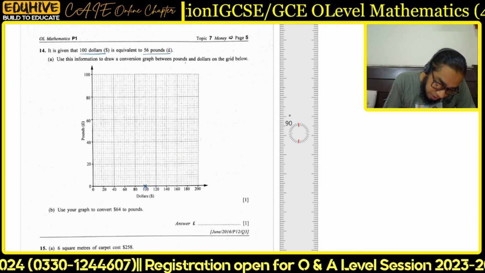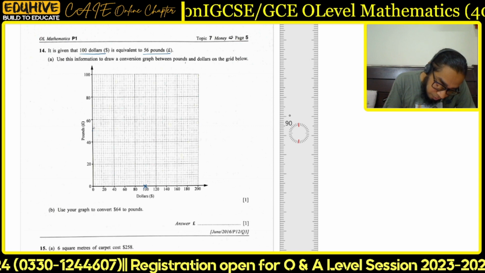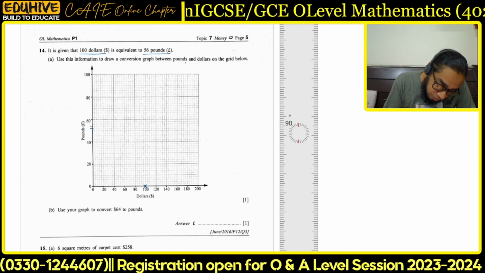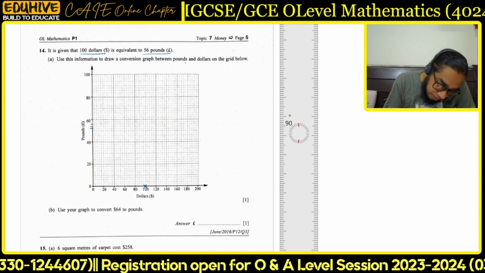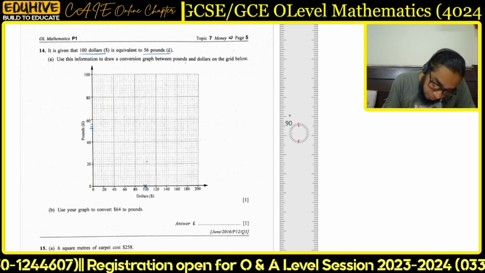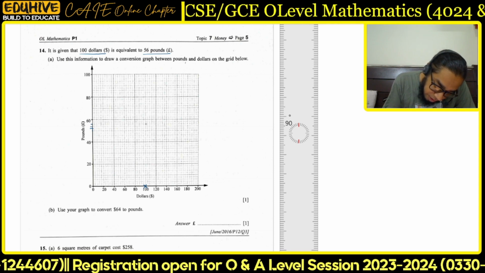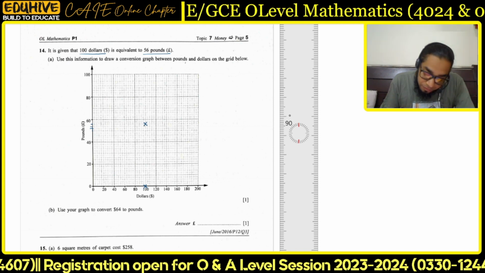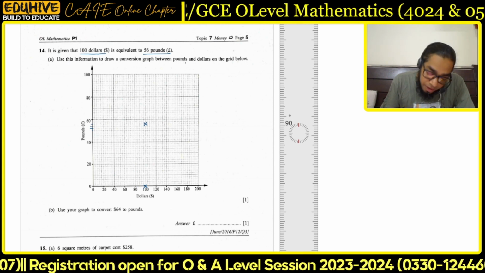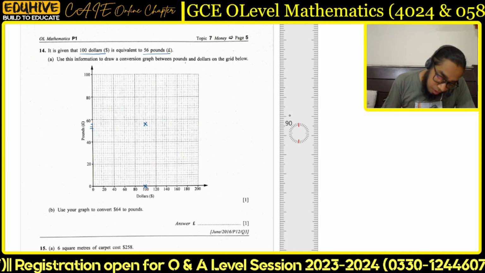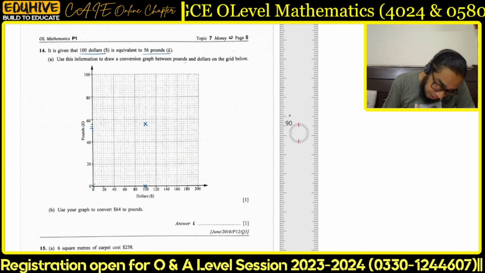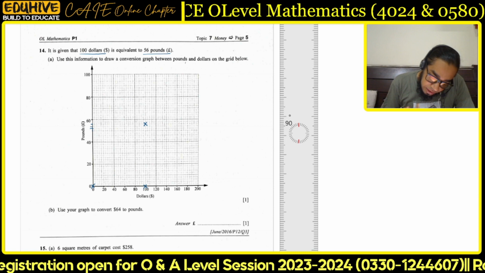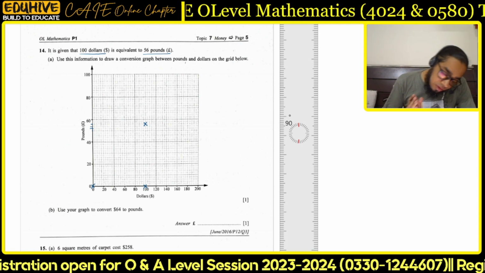That's going to be 50, 52, 54, and 56 would be over here. So in front of 100, I am marking 56. Okay. First point I got, and the second point would be 0 and 0, because at $0, the pounds would be 0.